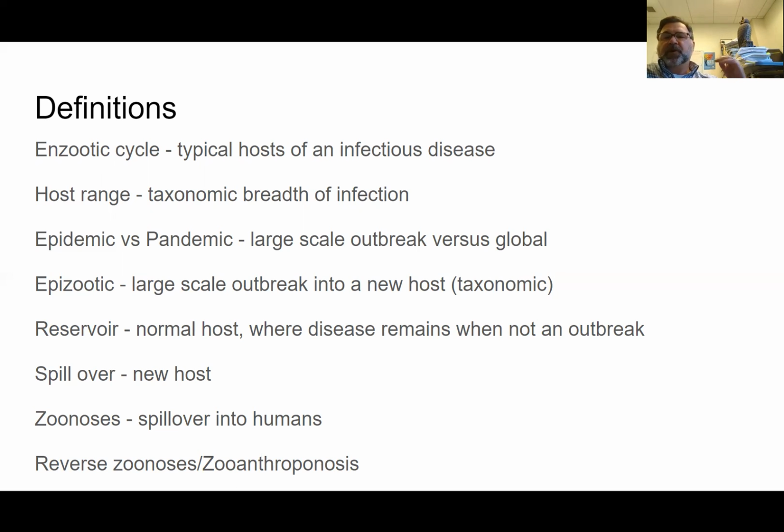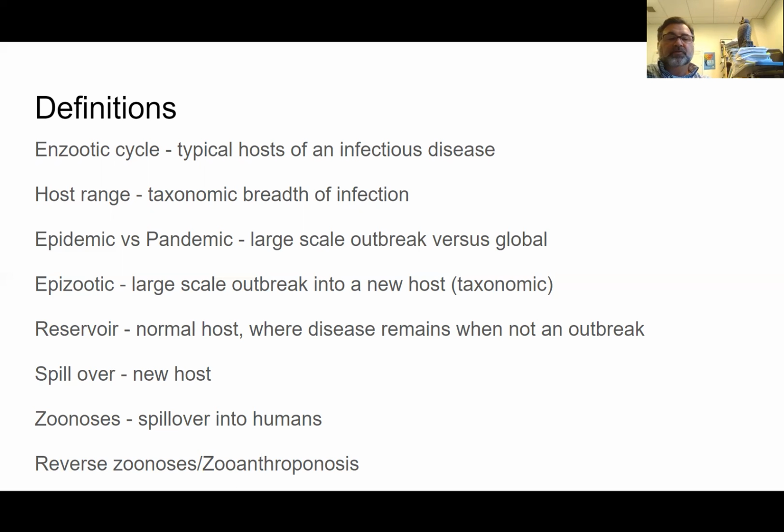Spillover is when you jump into a new host. Okay. So when you go from an enzootic cycle, it spills over into an epizootic cycle. And you would say it spills over into humans, it spills over into horses, it spills over into reptiles, etc. A zoonosis or a zoonotic disease is one that spills over into humans.